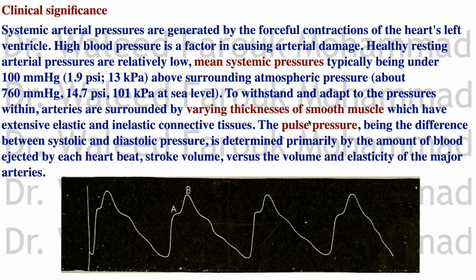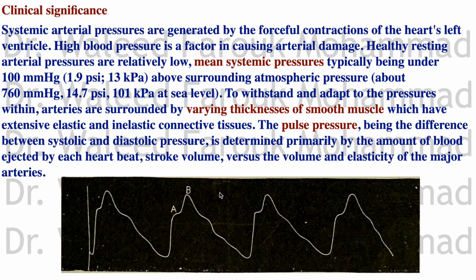To withstand and adapt to the pressures within, the arteries are surrounded by smooth muscle, which has extensive elastic and inelastic connective tissue. The pulse pressure, as shown here, is the difference between systolic and diastolic pressure, and you all know that the normal blood pressure is 120/80 average. 120 means the systolic pressure and 80 means the diastolic pressure.